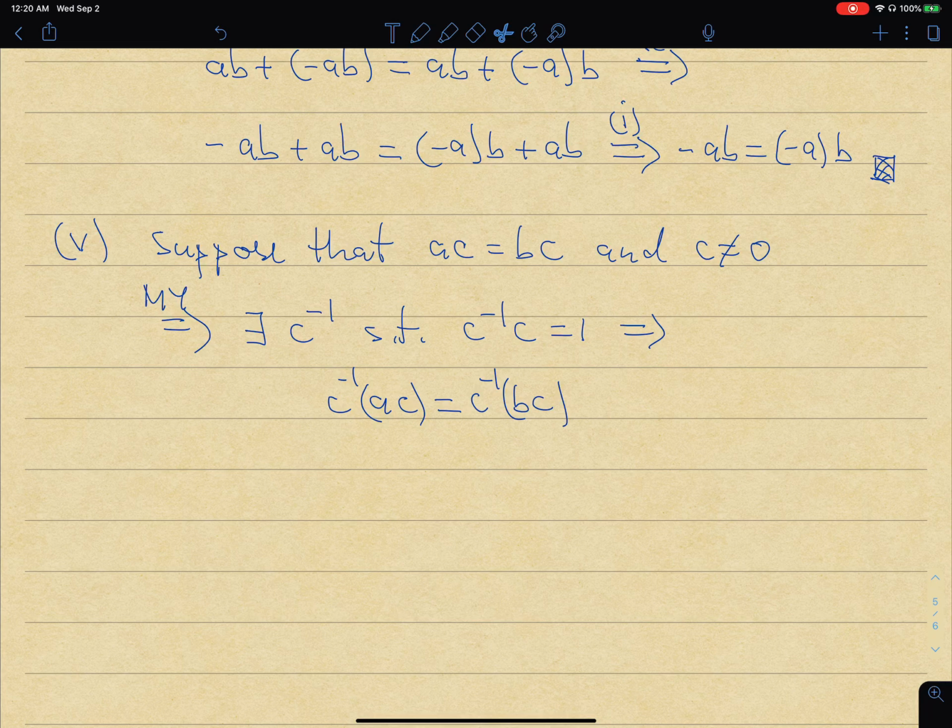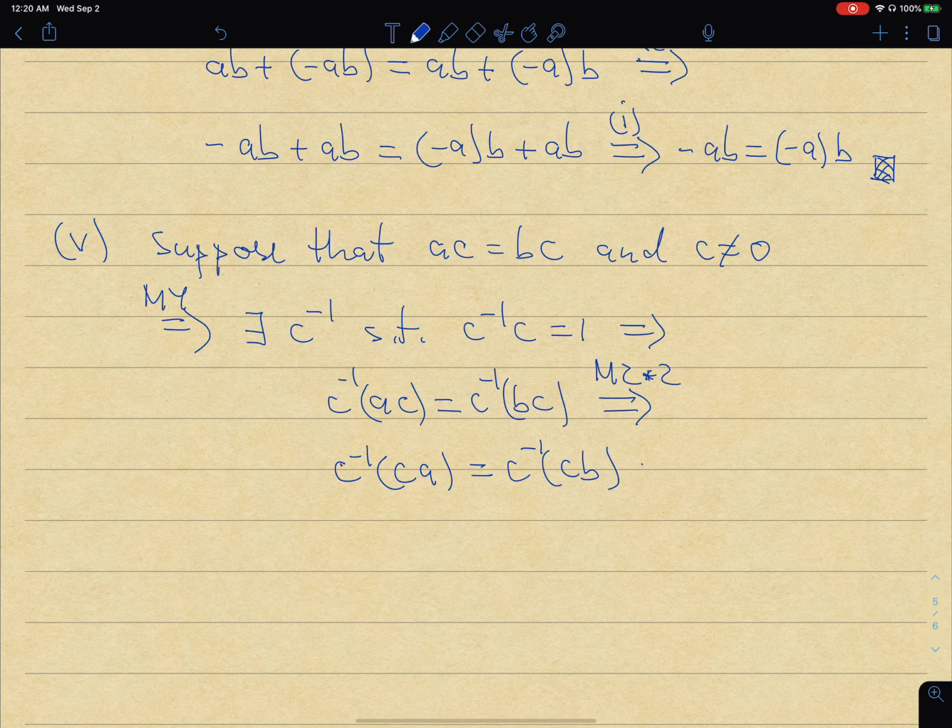Probably one thing that I would need to do first is put C next to C inverse in both of these expressions. So if I use the commutative law, which is M2, twice, commutative law for multiplication, then I'm going to get C inverse times CA. This is the same thing as C inverse times CB, right? So I switched the order of multiplication in both parentheses.